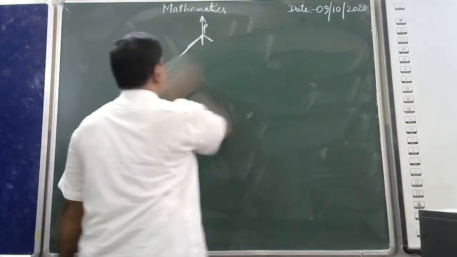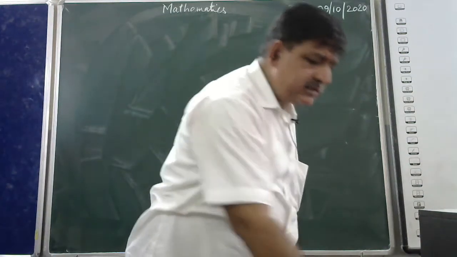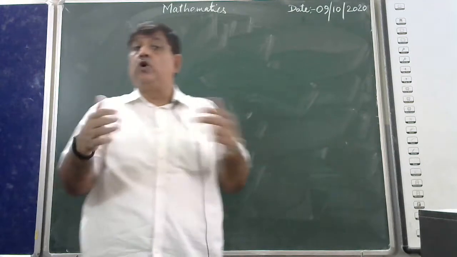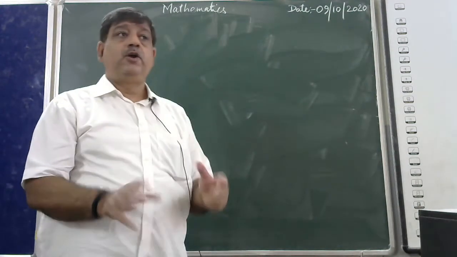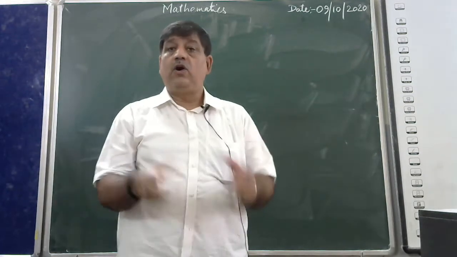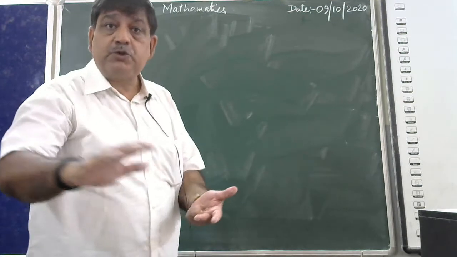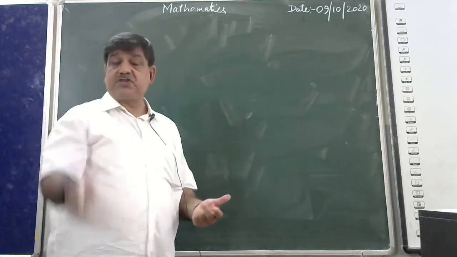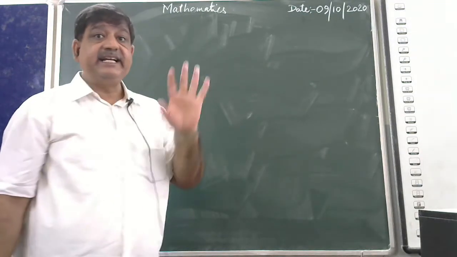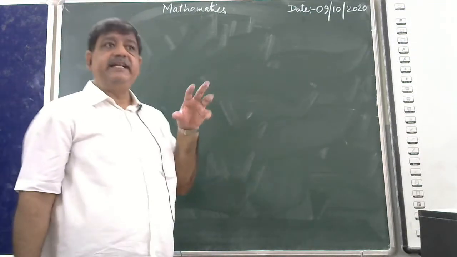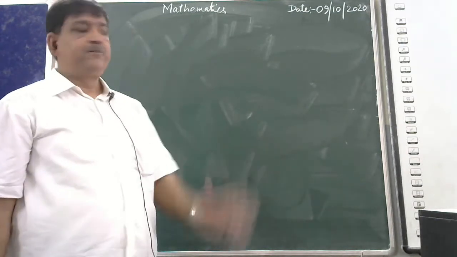Suppose it is asked what should be the locus of the center of the wheel of a car moving on a smooth plane. Just think over it. Remember, we are discussing analytical geometry here, and this analytical geometry is totally based on thinking, thoughts.